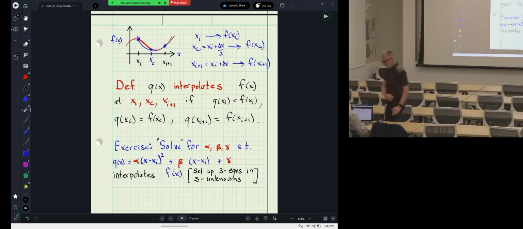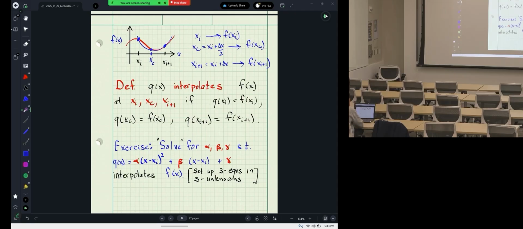Making any progress? You've got formulas up here. The xi is just given, and the center point is xi plus delta x over 2. So take the quadratic, the bottom one above the word interpolates. When you plug in xi, what do you get for q of x?